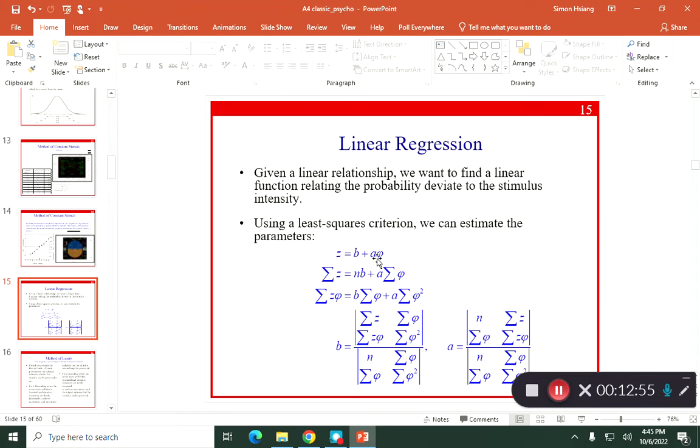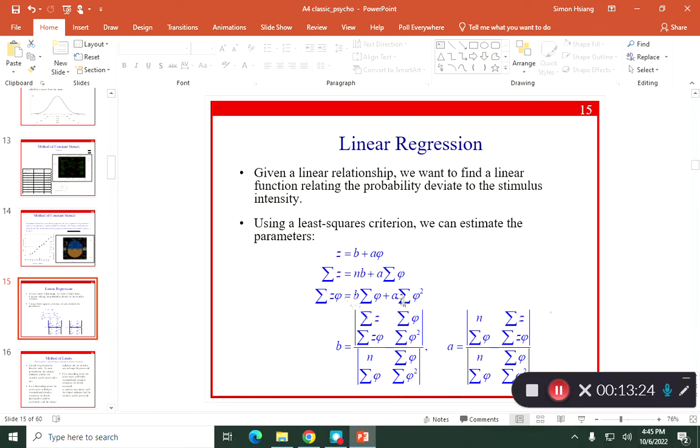And then I have my a term that needs to be estimated through a bunch of physics. So far, so good? So see here, summation: a bunch of z, a bunch of b, 9b for 9 observations, and then a times the summation of a bunch of x, or the physics.